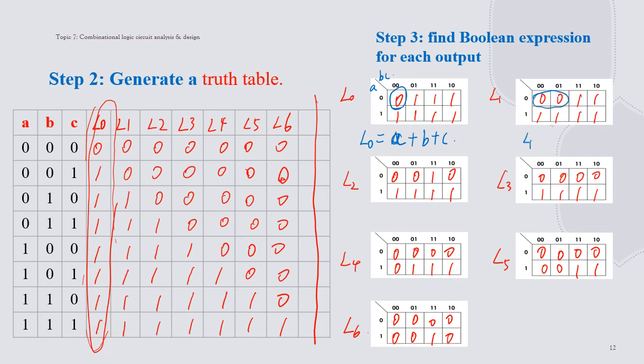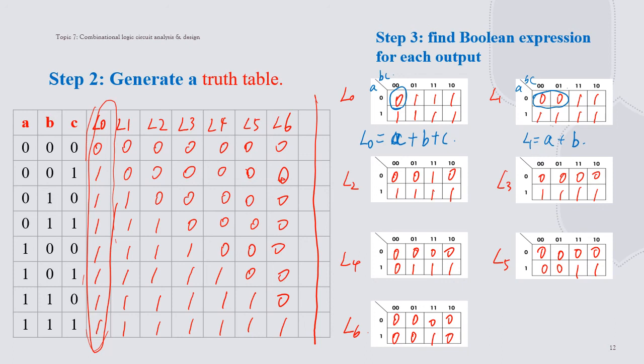So we can write L1 equal to, A is not changing, so we put A, and C is changing, so just B, A or B. If you forget how to do the POS using the K-map, please go back to lecture 6, topic 6.